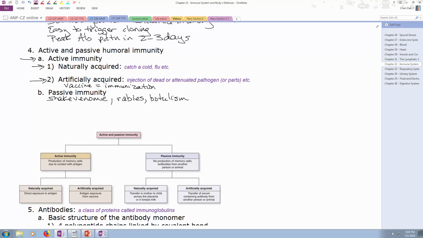So same thing when you get anti-venom. That anti-venom doesn't stay floating around in your bloodstream for a really long period of time. It's weeks to months that it will actually be there. So we need to get passive immunity to these things which can kill us on first-time exposure. And that's what we're talking about here with our anti-venom.